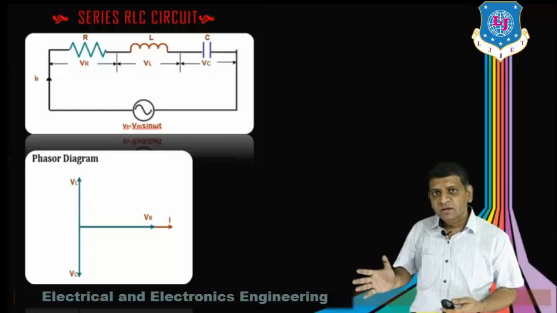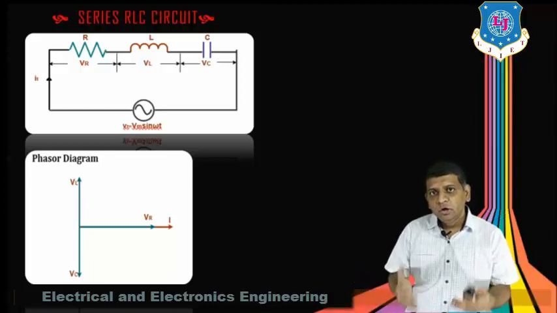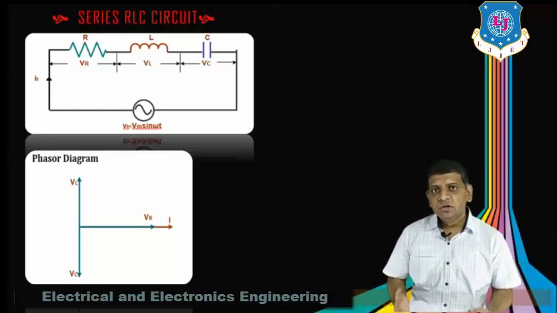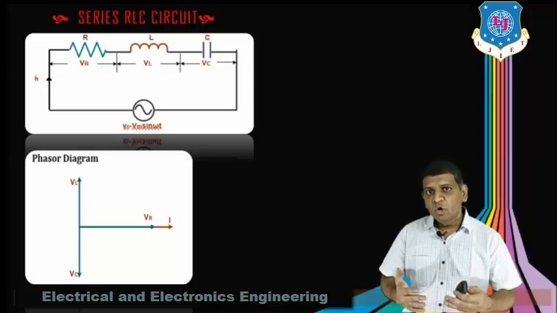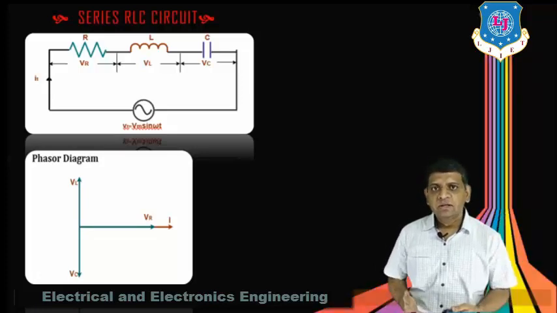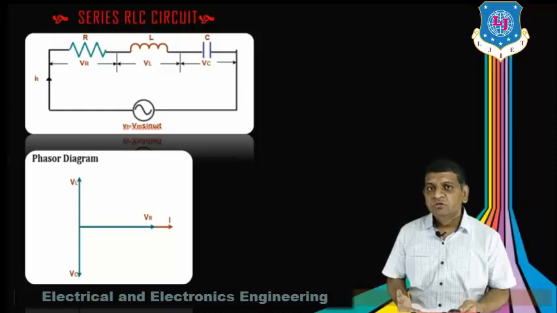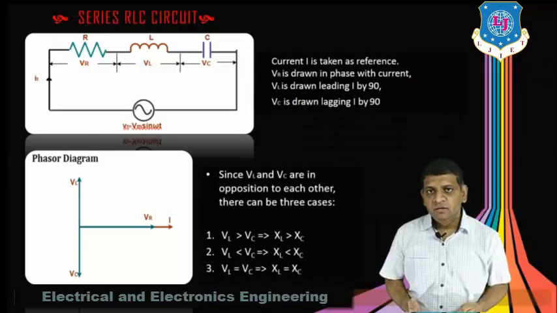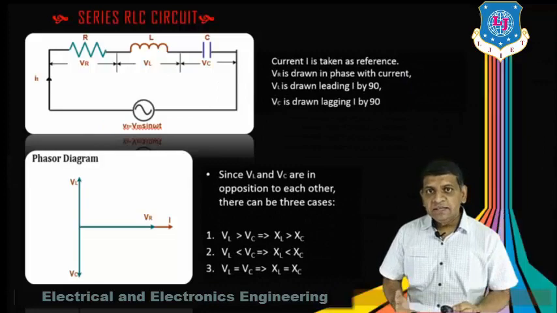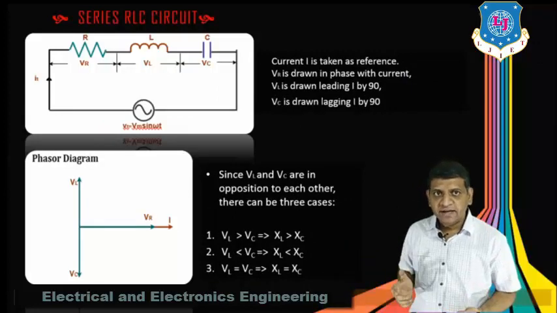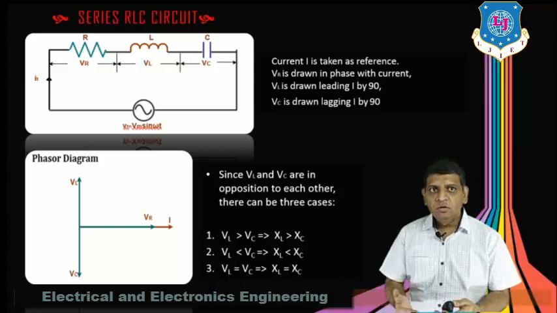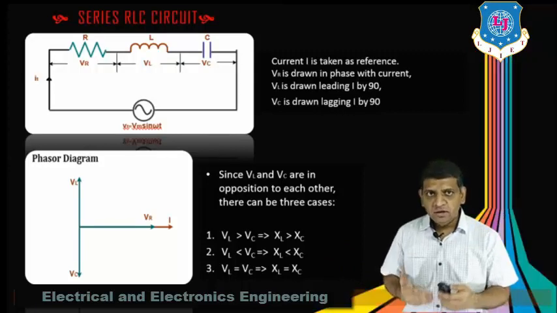So from this I cannot conclude in which direction the actual phasor will lie. Since both vectors are in opposite directions, I have to take a total of 3 conditions. Here you can see the current is taken as the reference, as per this phasor diagram, where VR is drawn in phase with the current.